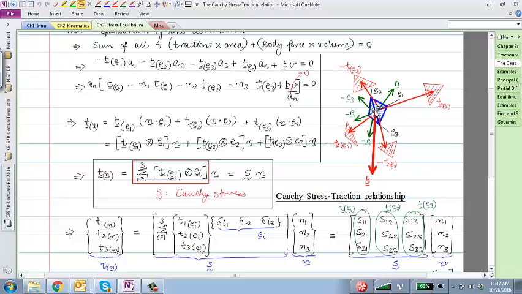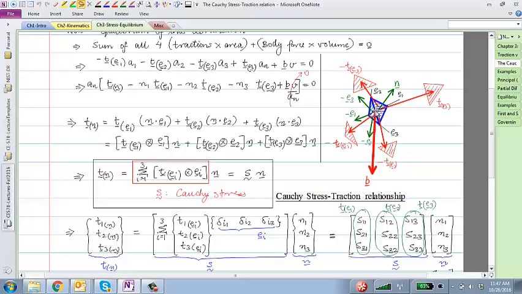So for example, if you go to a point inside a deformable body, at that point you can choose some surface passing through that point. Now that choice of surface is entirely up to you. That may depend upon a free body diagram that you are trying to draw.